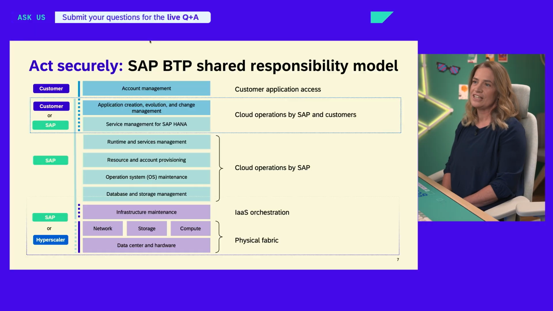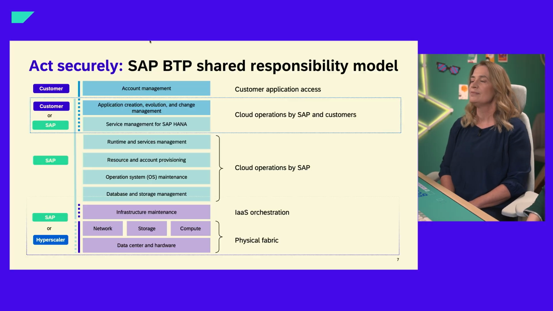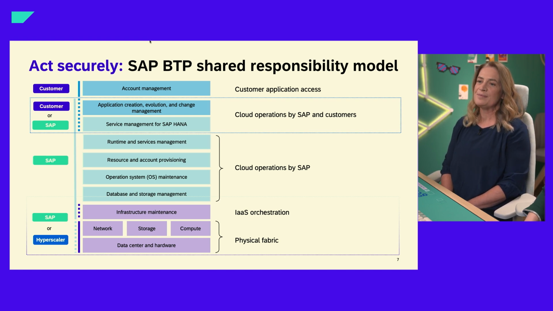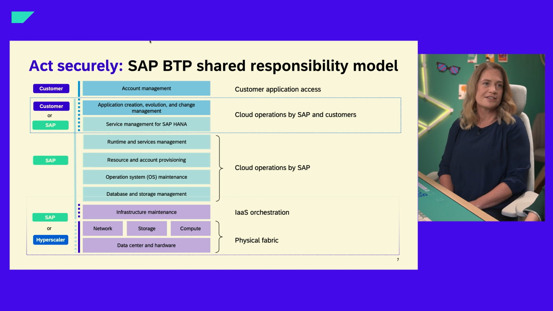Acting securely, like I said in the beginning, the shared responsibility model is quite important for running cloud applications. SAP has certain responsibilities, but also customers have certain responsibilities. Now, operations is of course up to SAP because we are the provider.